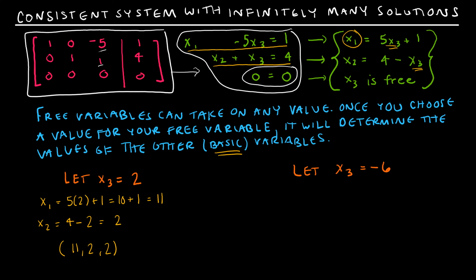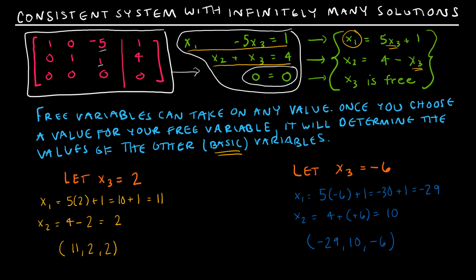Let's try another one. If x3 were negative 6, then x1 would be 5 times negative 6 plus 1, which is negative 30 plus 1, which is negative 29. x2 would be 4 minus negative 6, which of course would be 4 plus 6, which is 10, which means another solution to my system is negative 29, 10, negative 6.